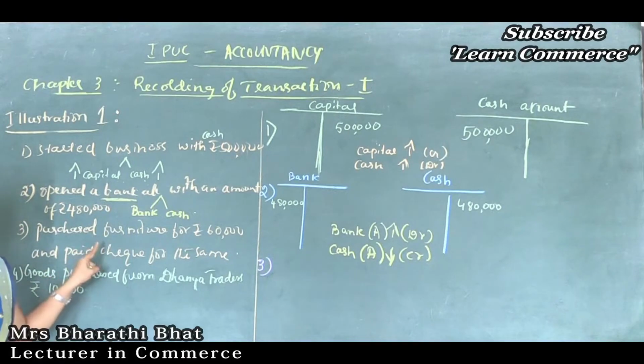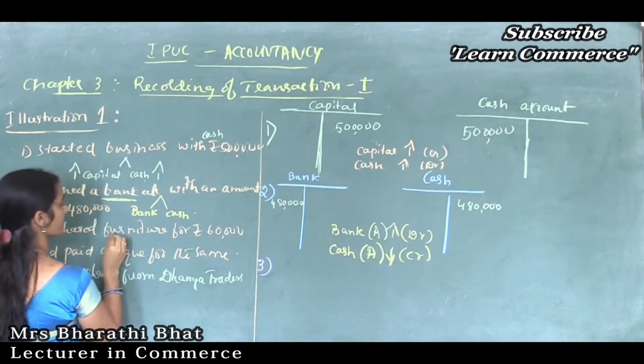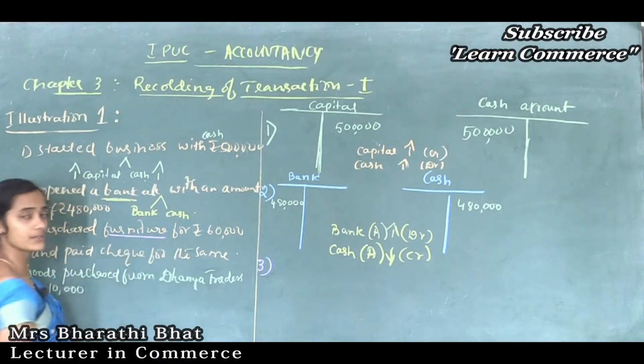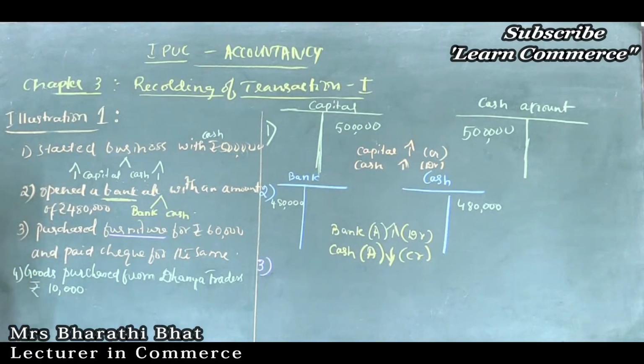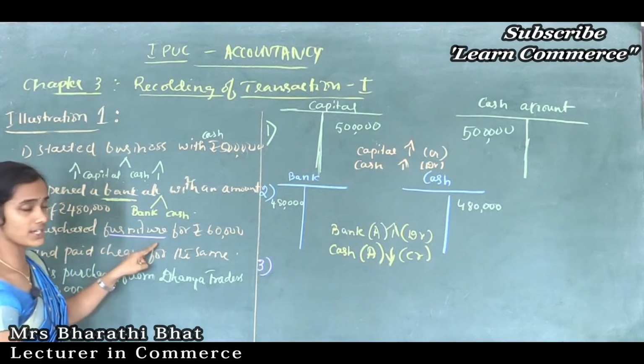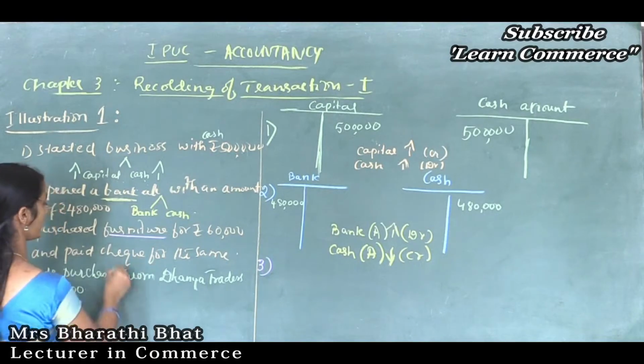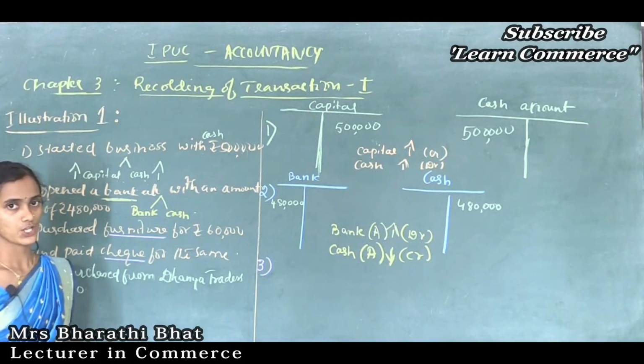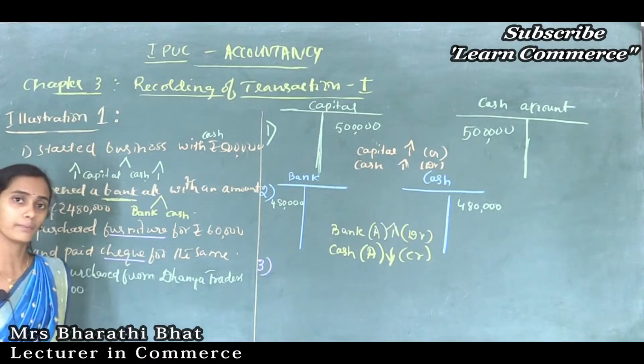Here, first you should identify the two accounts. One is what you purchased, furniture. When purchasing furniture, what you paid is a check. So check is related to bank.